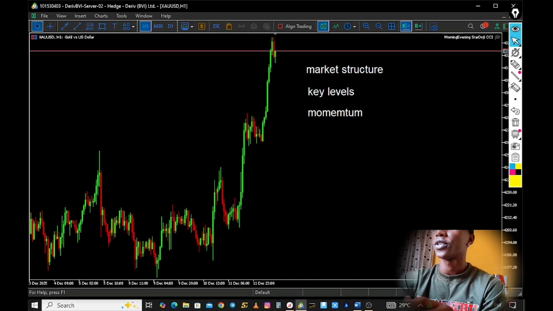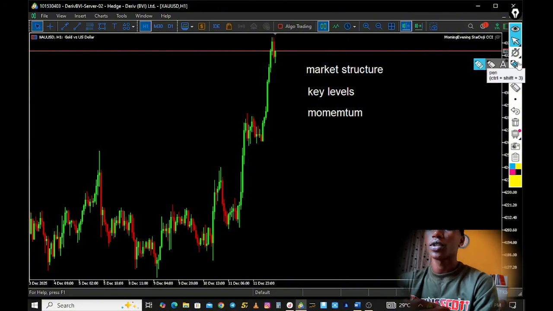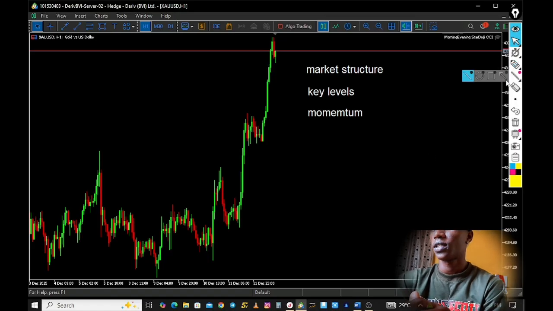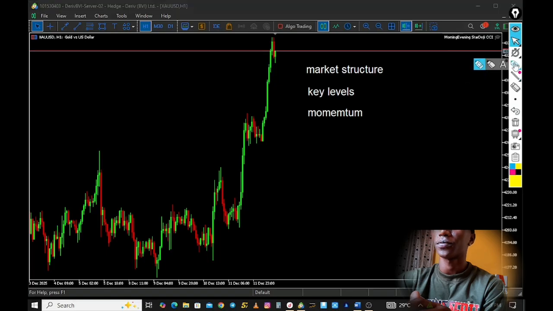So we are going to wait for a break of structure. In this example I'm giving you an uptrending market because usually gold is uptrending, so don't blame me for that. With momentum you're going to wait for price to break structure.